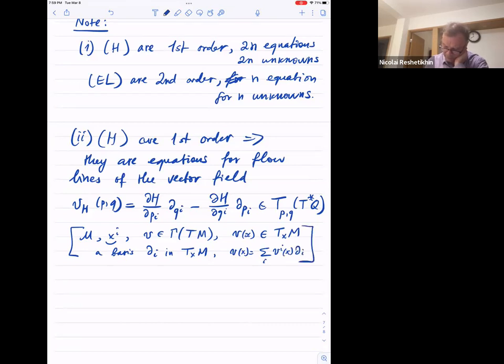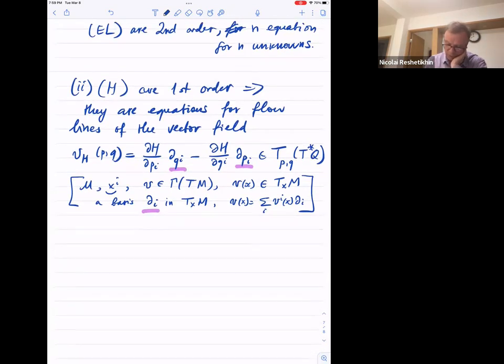And this is what I did here. Now we have local coordinate system Pi and Qi, and this is the standard basis that you have in the tangent space if you choose local coordinates on the manifold.